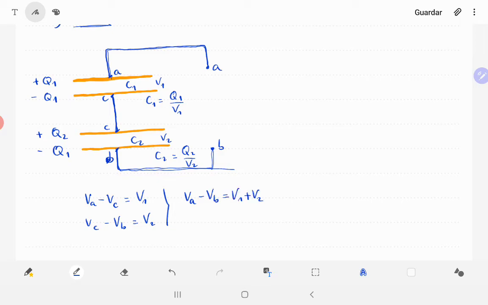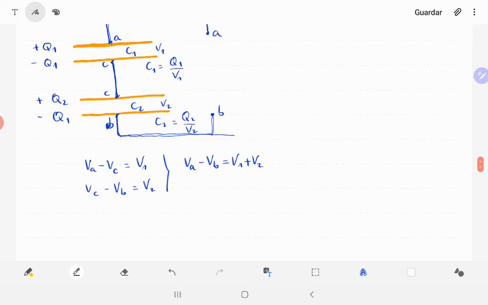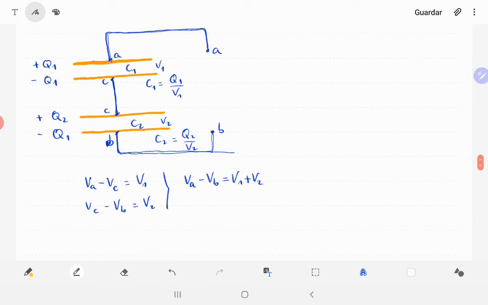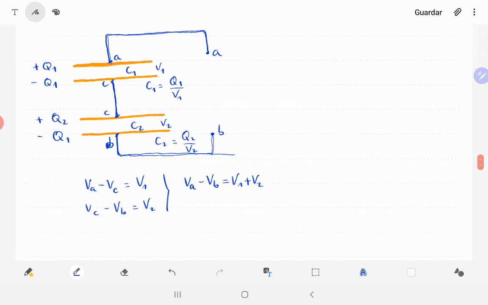This is one of the things I wanted you to notice. And the other one is that these capacitors connected in series begin by being neutral, and then they begin charging, okay? They charge together. The charges of the first one and the second one are not independent.